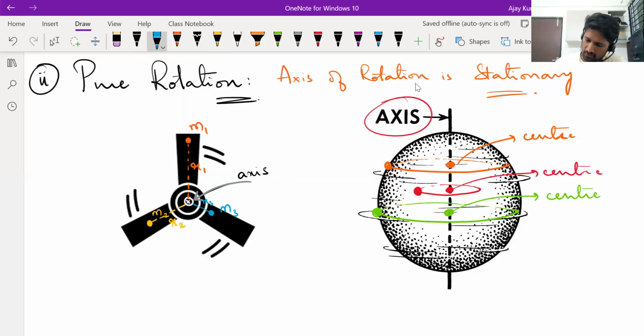Okay, if you want, I can show you those circles also. The circle that M3 follows is this, roughly. The circle that M2 follows is somewhat like this. Okay, they all move along different circles. Of course, there could be some of them moving along the same circle also.